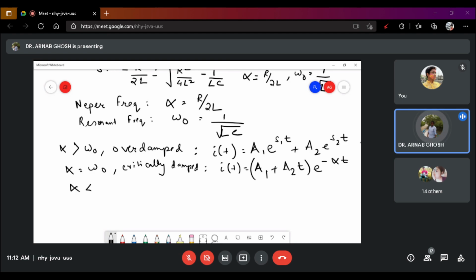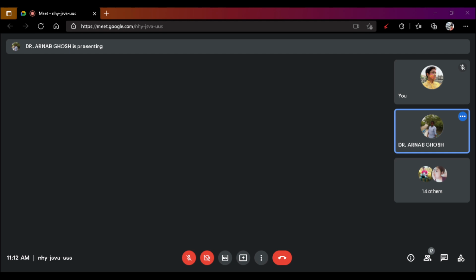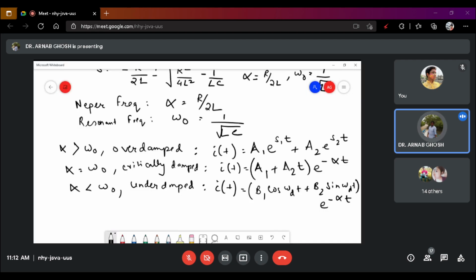And if alpha is less than omega 0, this is the underdamped case, and i(t) is equal to (B1 cos omega d t plus B2 sine omega d t) into e to the power minus alpha t.